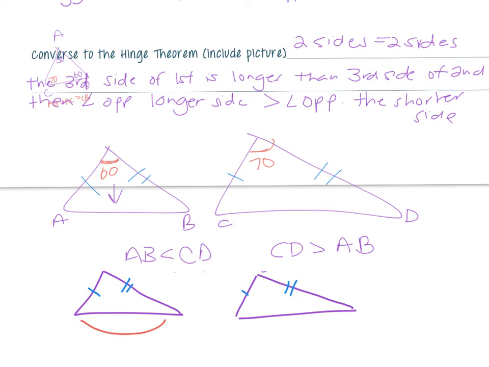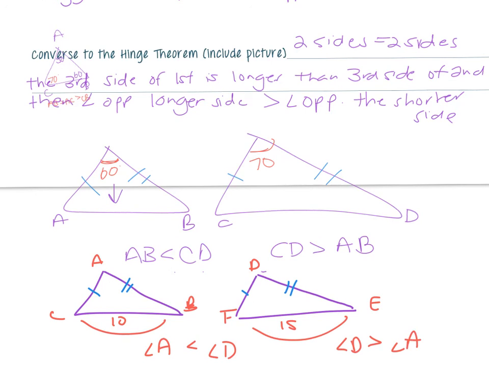But then this side, let's say this side is shorter than this side. So let's say this is 10 and this is 15. If that information is given, then I would know that the angle opposite the shorter side, in this case angle A, would be smaller than the angle opposite the longer side, which is angle D. And vice versa, angle D would be greater than angle A. So that's the converse of the hinge theorem.